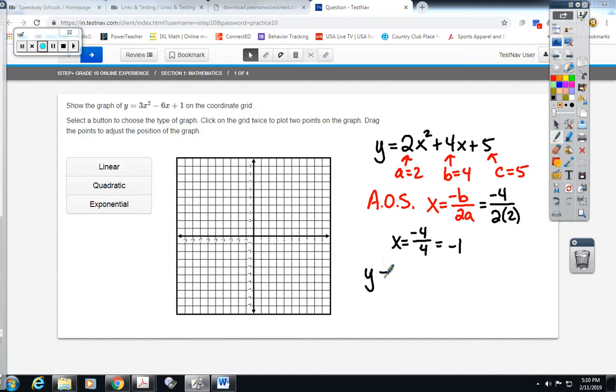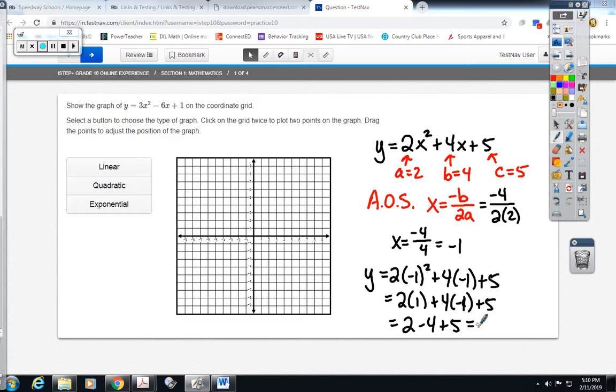So then we need to know what y equals when x equals negative 1. So we plug in negative 1 for x. That would be 2 times 1 plus 4 times negative 1 plus 5, or 2 minus 4 plus 5, which would be 3. So our vertex is located at negative 1, 3.